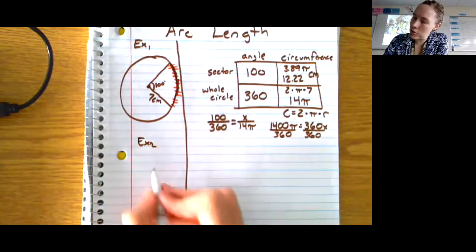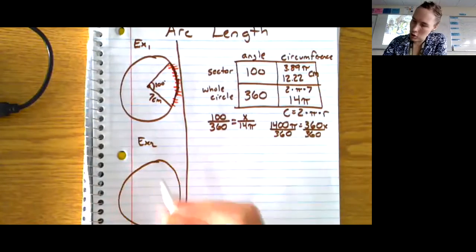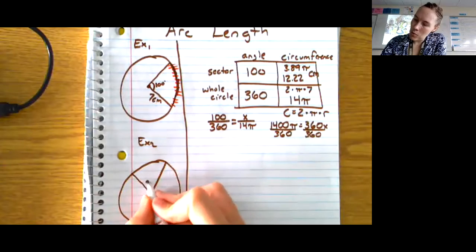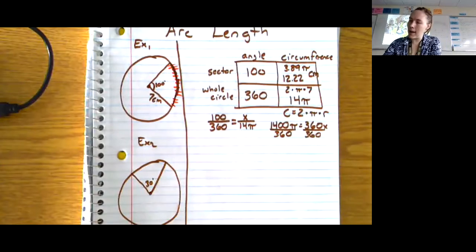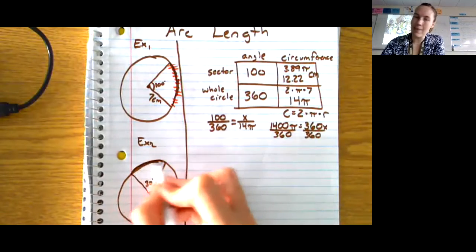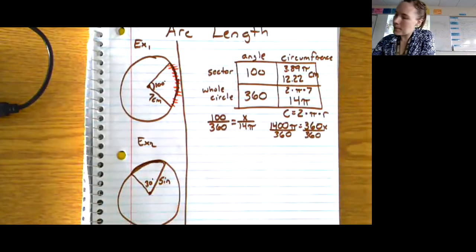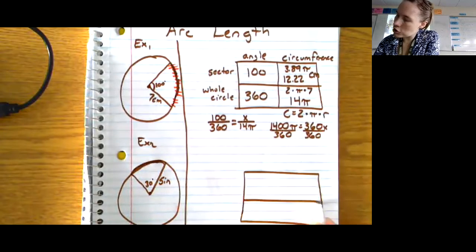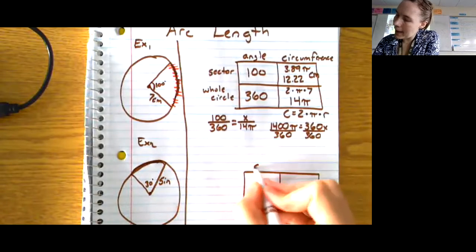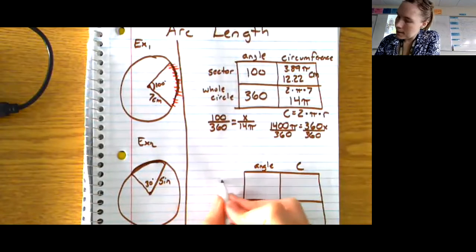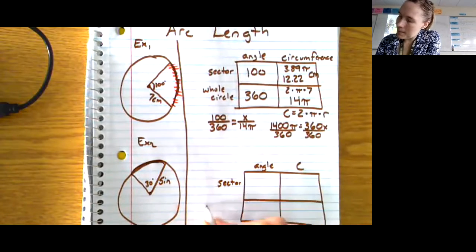So for example 2, we have this circle. It looks like this, where we have 30 degrees right here. Our radius is 5 inches. We're trying to find this arc. So I'm going to set up my box so I can keep all my work straight. We have my angle, I'm going to put C for circumference, my sector, and my whole circle.